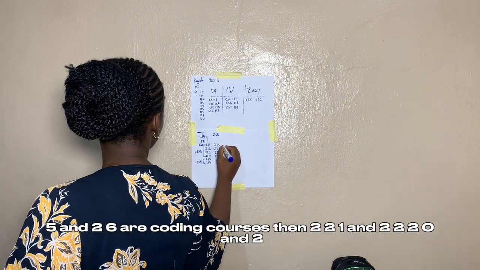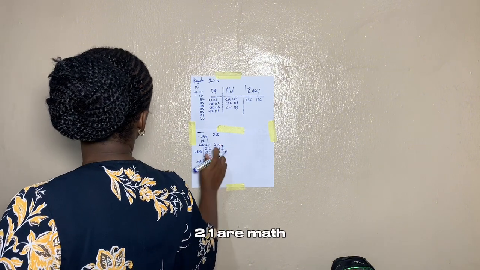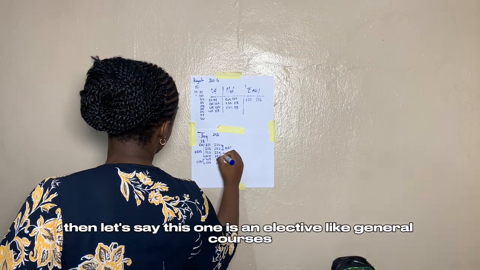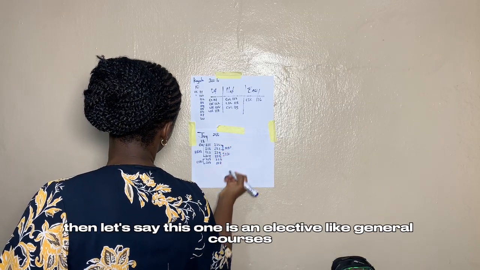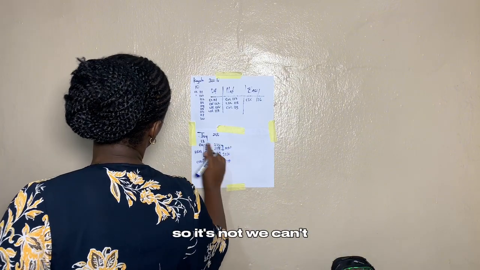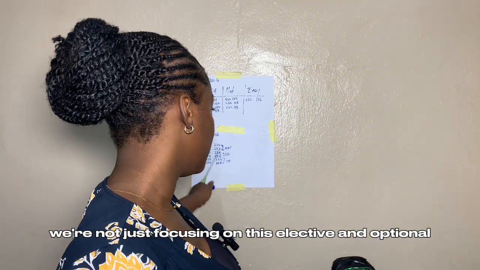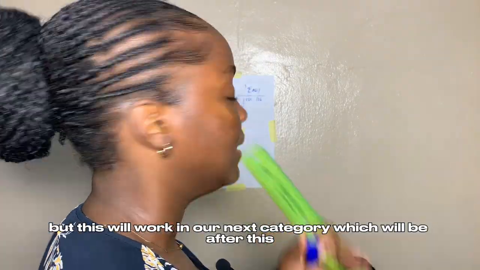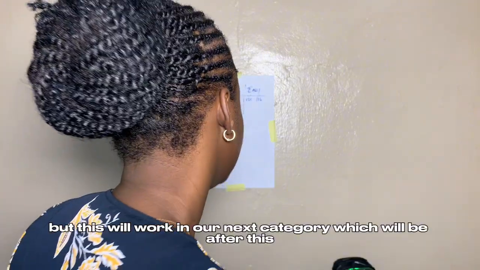Then 220 and 221 are math. Then let's say this one is an elective, like general courses, and let's say this is optional. So we're not just focusing on this elective and optional. We'll still put them somewhere, but this will work in our next category, which will be after this.